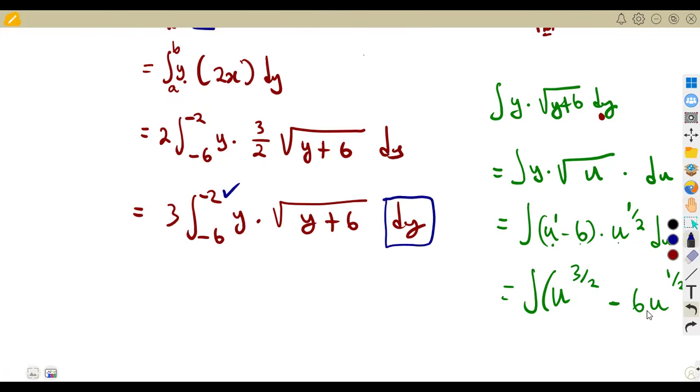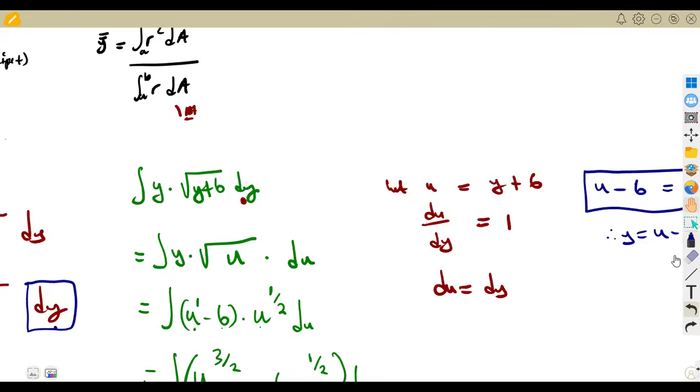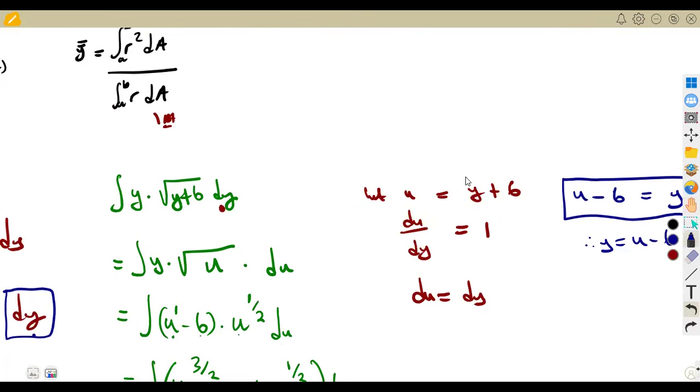Now we are talking about u, so we need the limits that will correspond. So if y is minus 2, what is the value of u? Minus 2 plus 6, that's a 4, right? That will be a 4 there.